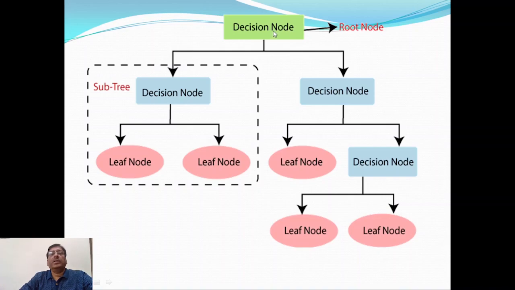Based on the answer, either yes or no, you will move to the left side or the right side, wherein you can have again a subtree having a decision node followed by multiple other nodes at the bottom level. And if a node over here is not going to have further branches, then you are going to term this a leaf node and so on.